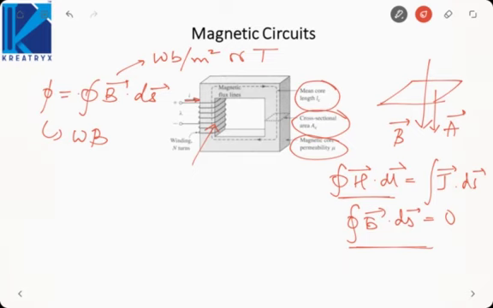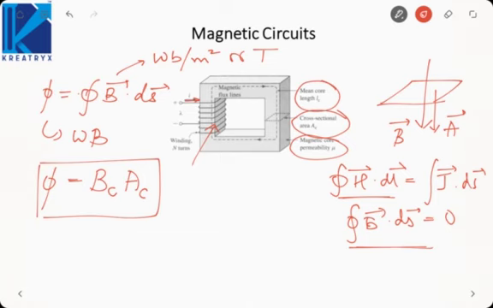So this flux becomes BC into AC. BC is the magnetic flux density developed in the core, and AC is the cross-sectional area of the core.